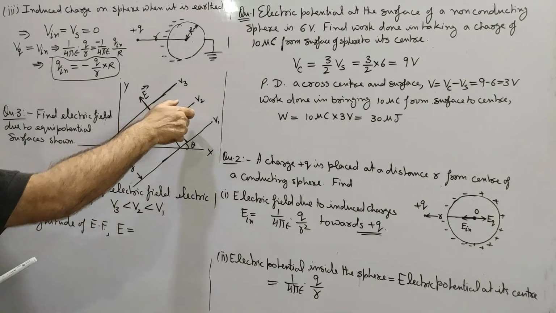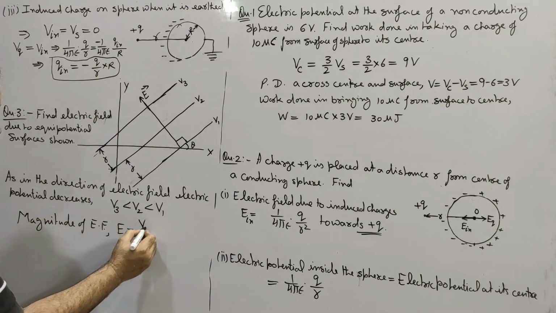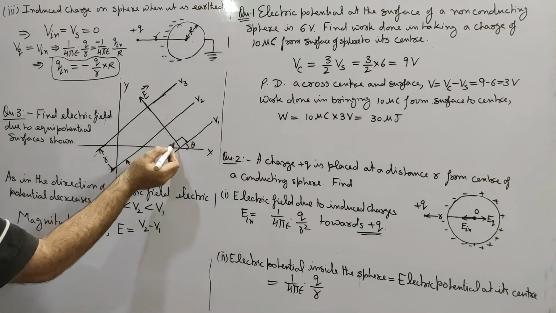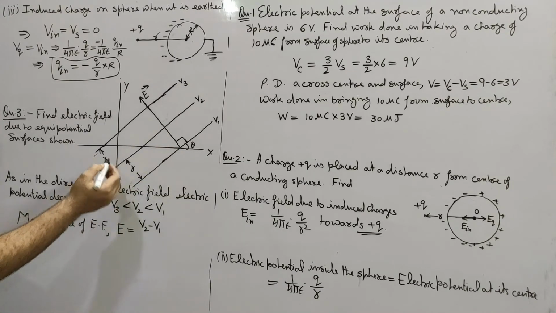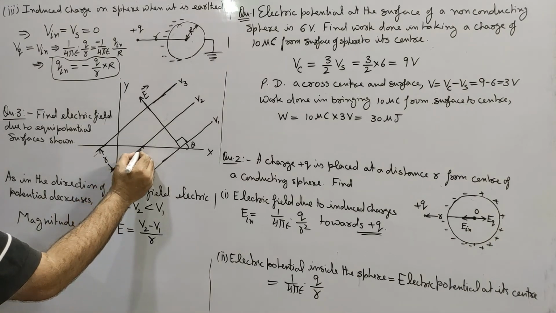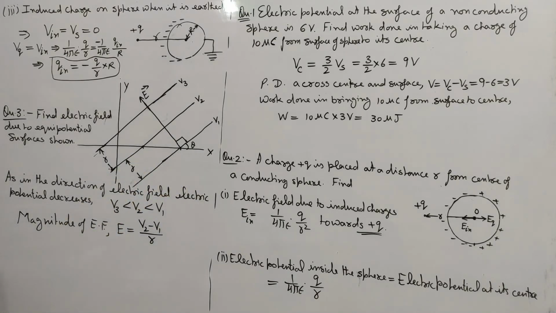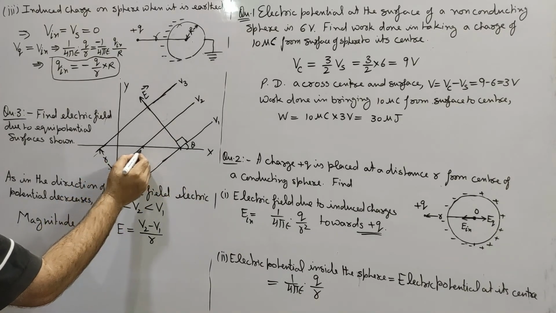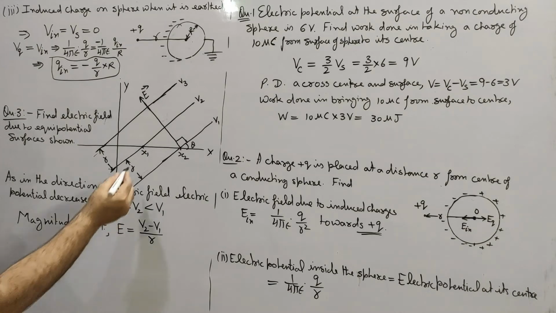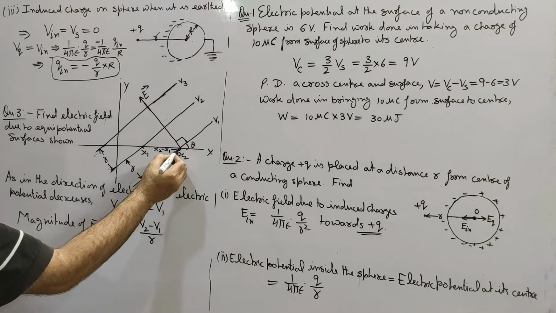That is potential difference divided by distance in the direction of electric field, and this means V2 minus V1 or V3 minus V2 divided by this distance, and this distance given is R. If we have the points at which two consecutive equipotential surfaces cut the x-axis, say this point is x1, this point is x2, then this distance will become x2 minus x1.